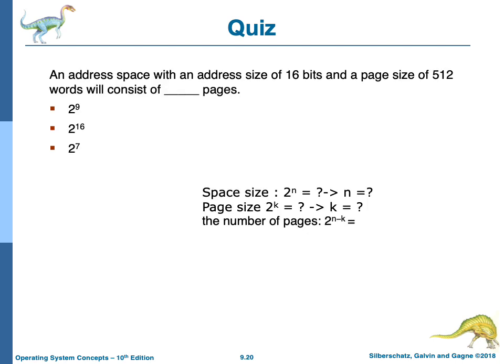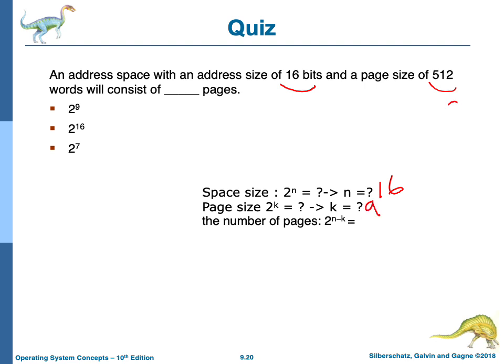And so if we have an address space with an address size of 16 bits, right? So in this scenario, our N is equal to 16. And then if the page size is 512 words, so 512 means our K will be 9, right?